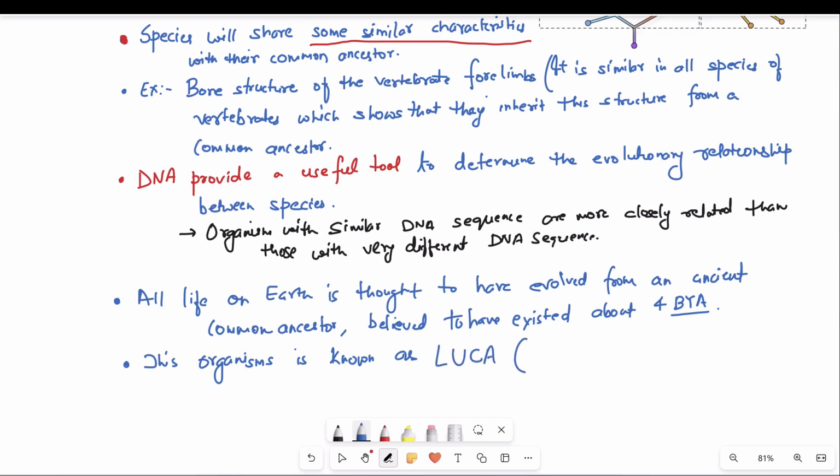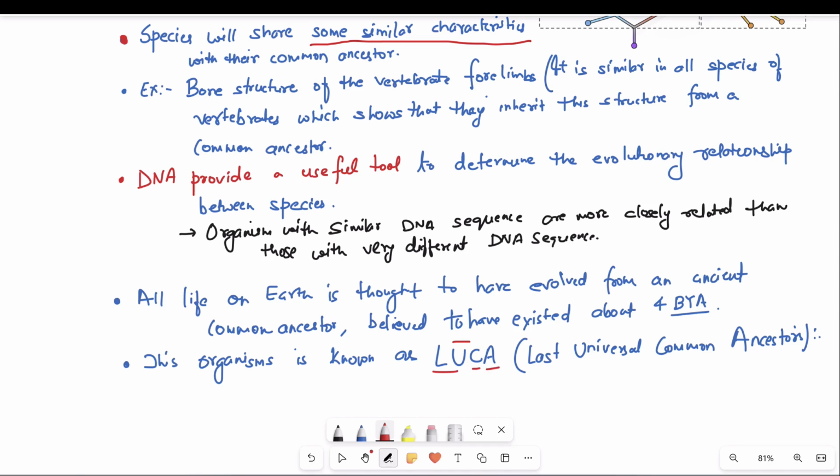That means last universal common ancestor. This is the full form. So L stands for last, U stands for universal, C stands for common, A stands for ancestor. So this organism is known as LUCA, right?